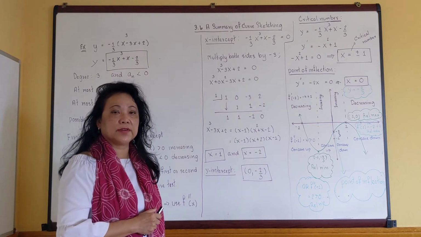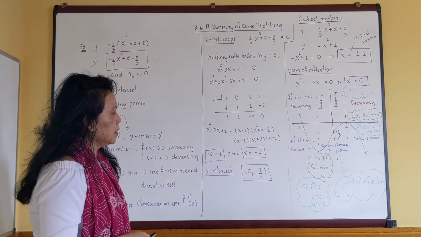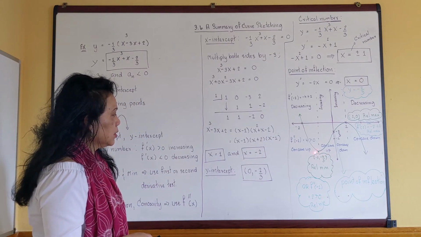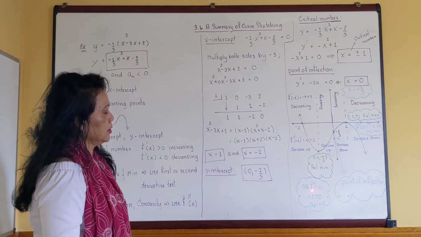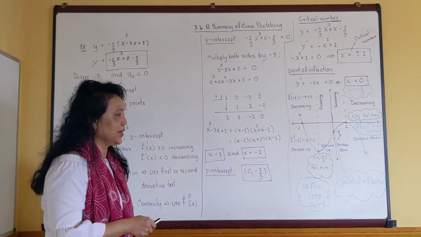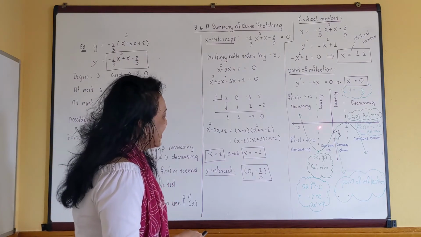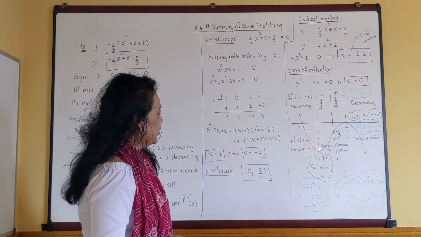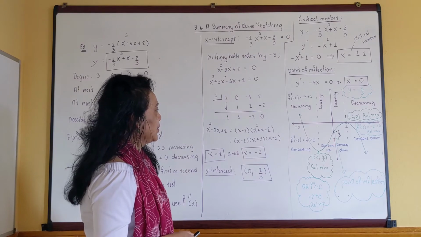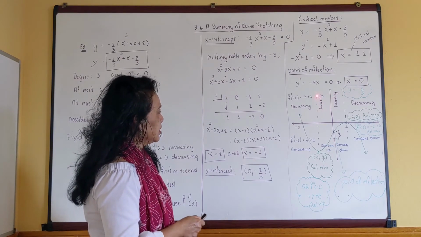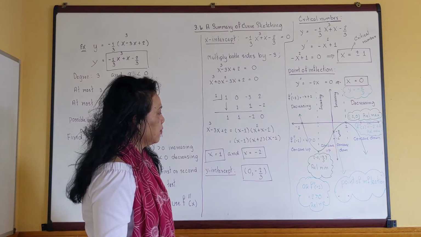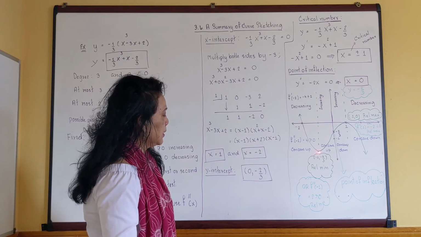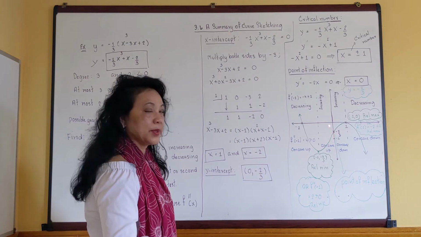Use the first derivative. Now if you use the second derivative, you will plug in the critical number. Oh, that's for relative min. Let's go to the next one. Okay, the next region is from negative 1 to 0. I do the same thing. First derivative is increasing. Second derivative tells me it's concave up. So I'm going to have a curve increasing and concave up.